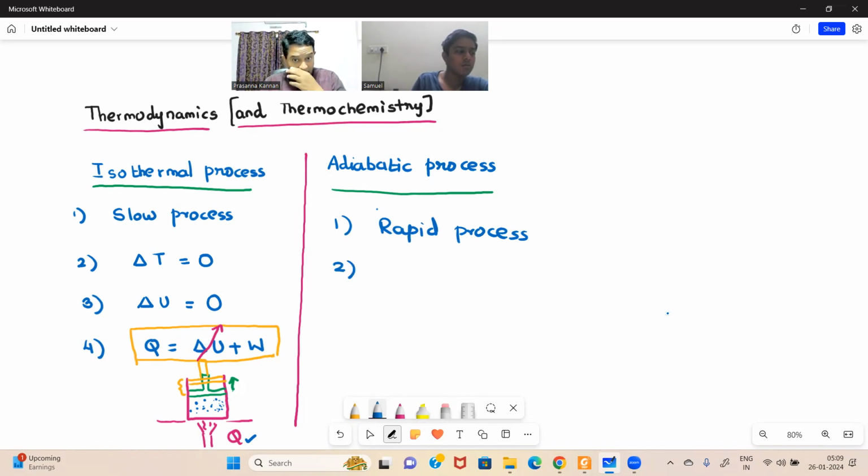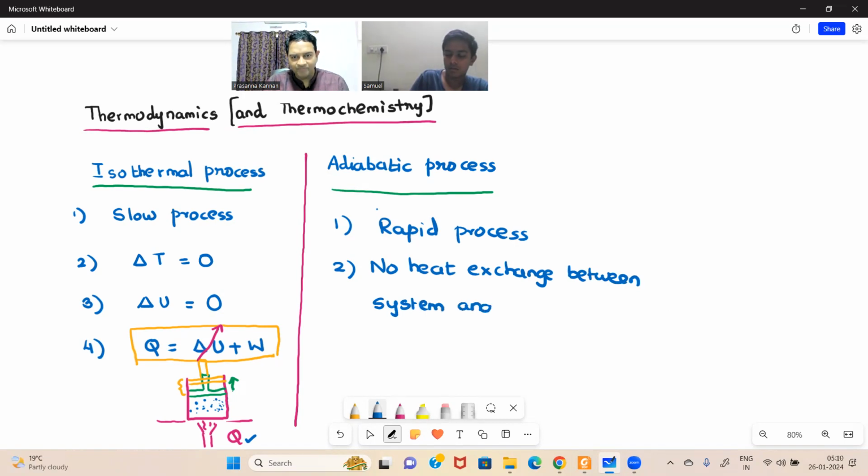So here there is no heat exchange between the system and the surroundings. What is the meaning of that? Let me give you an example here.